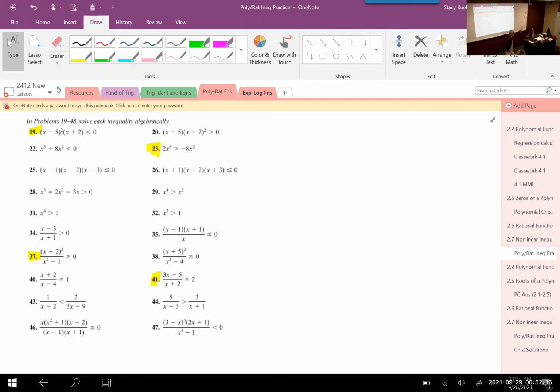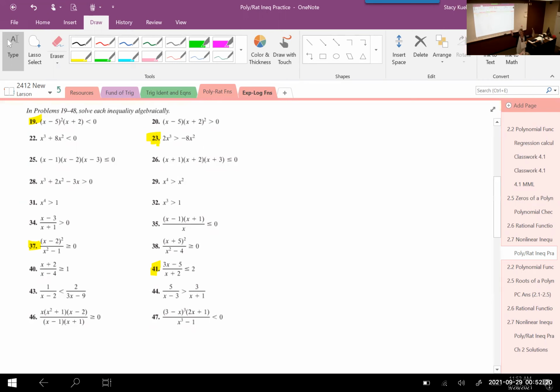You know how we started out using the graph and just figuring out what the answer was based on the graph? That's not what we're talking about. That's the difference.